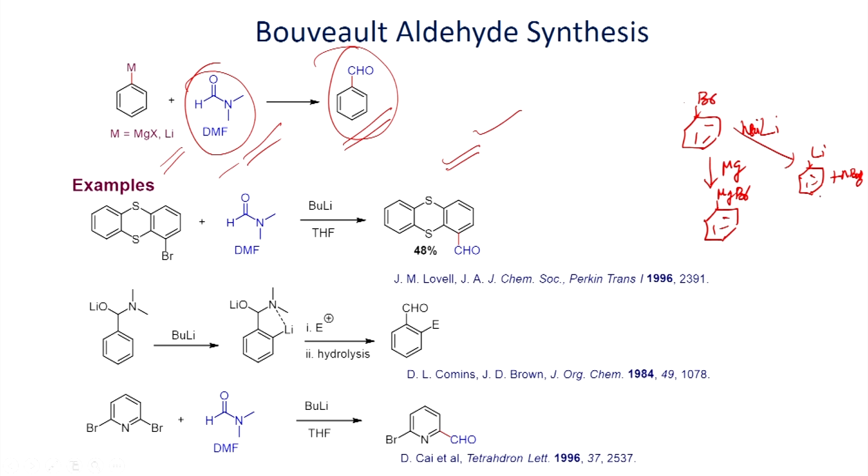Once you make the phenyllithium reagent, it can readily be reacted with dimethylformamide, and you will be able to introduce the aldehyde. We have already seen this reaction pathway when we studied the organolithium reagents.